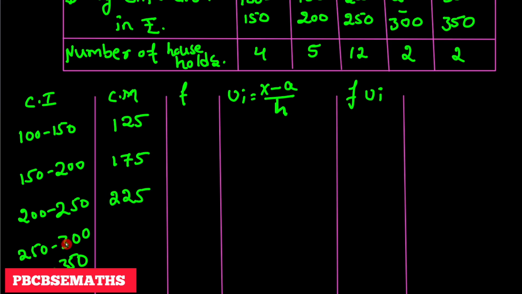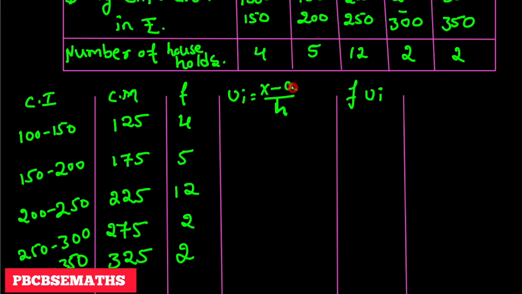Then 250 plus 300, that is 550, divided by 2, we get 275. At last it is 325. Frequency is already given here, so we will write it down: 4, 5, 12, 2 and 2.